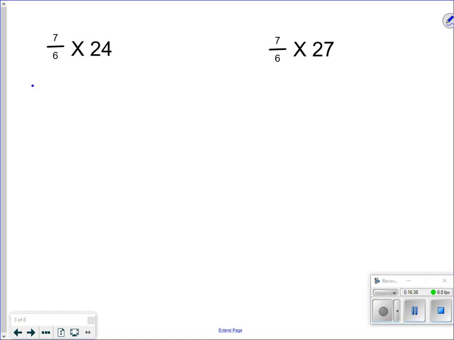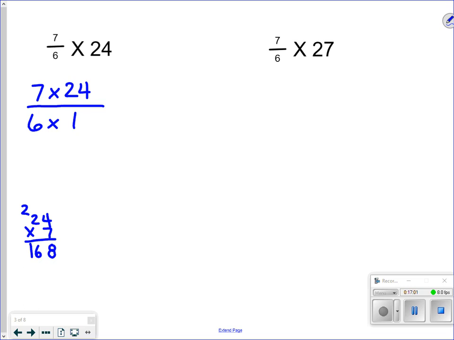All right. So 7 times 24 over 6 times 1. This one might be where I really want to figure out if I'm not comfortable doing 2.0, because, man, 7 times 24, that's a big number. 168. Now, am I saying that that's wrong? No, it's just big. Over 6.